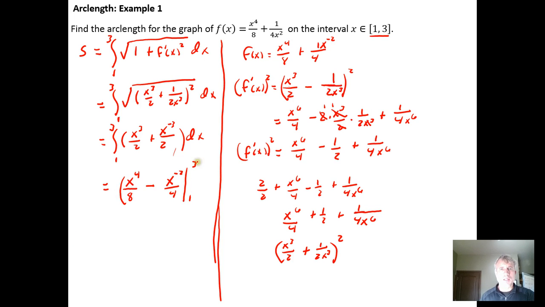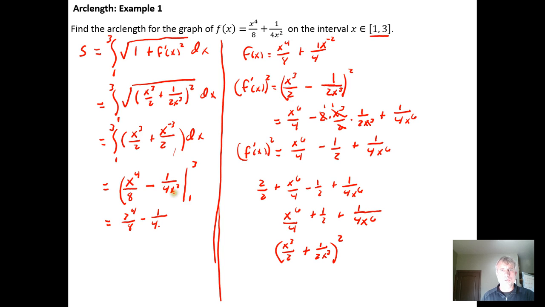So now we plug in our limits of integration. So this is going to be equal to, 3 is going to go in here. We get 3 to the 4th over 8 minus 1 over 4 times, and I'm going to write this with the x to the -2 down here. So if it's x to the -2, I can also write it as 1 over, we had 4x squared.